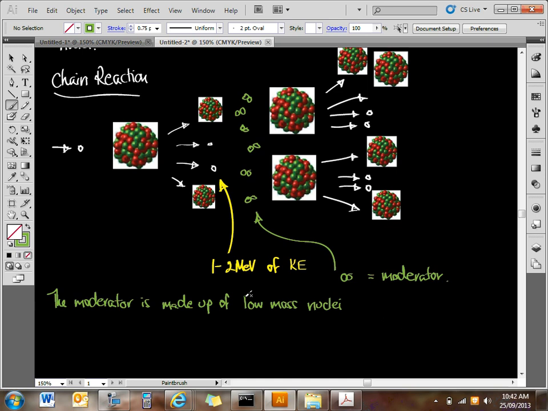Okay. So the moderator is made up of low mass nuclei, which take much of the kinetic energy from the high velocity neutrons.